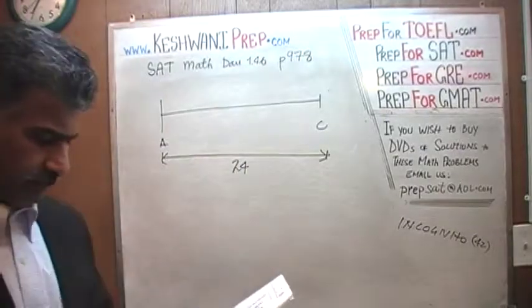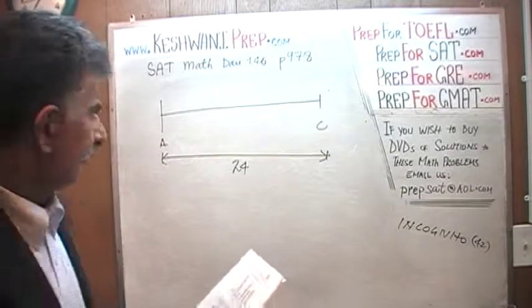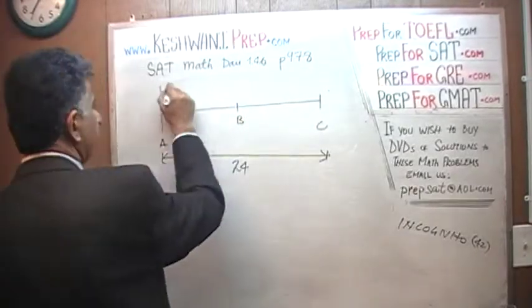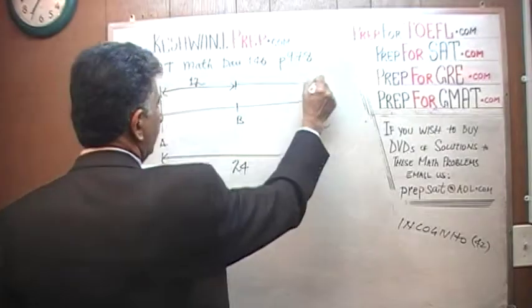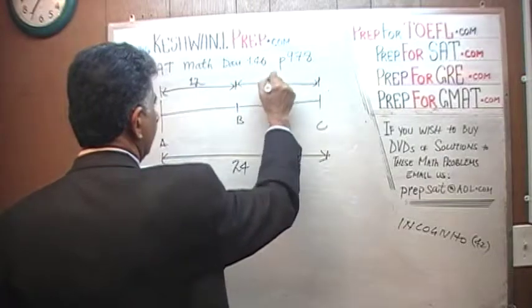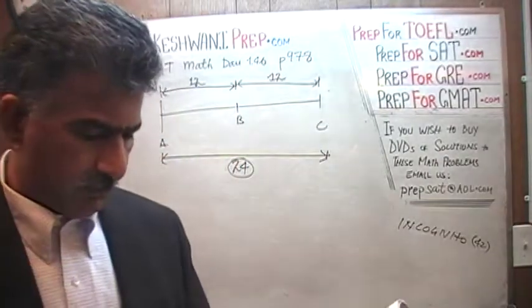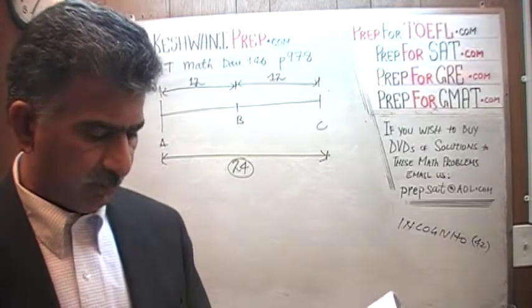So far so good. A to B equals B to C, we are told. So let's put down here A to B equals B to C, which means A to B is 12 and B to C is also 12 because it has to add up to 24. Let's keep reading. Point D, which is not shown, is on the line between A and B.